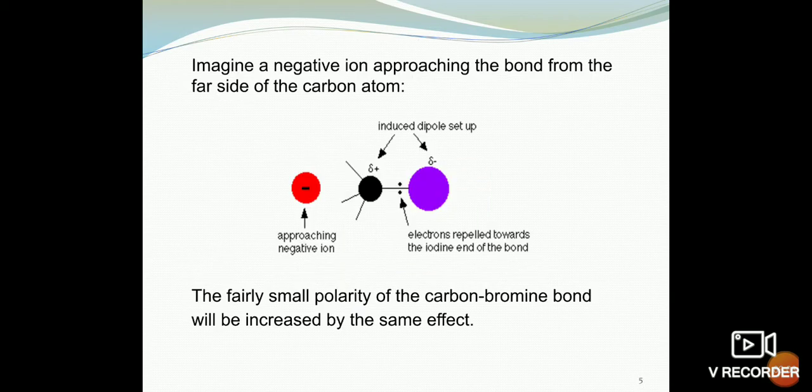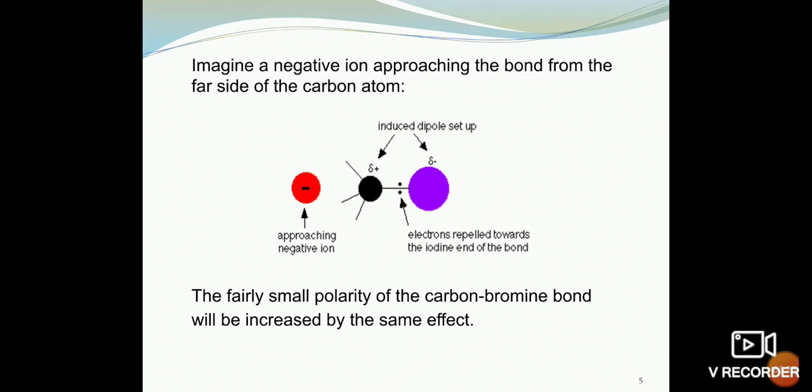Imagine a negative ion approaching the bond from the far side of the carbon atom. So here we see the negative ion approaching the bond from the far side of the carbon atom. This carbon atom is slightly positive and the halogen atom is slightly negative.